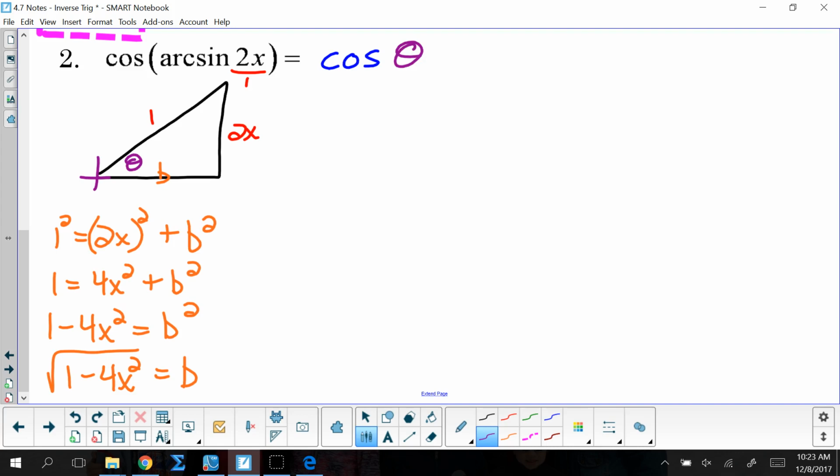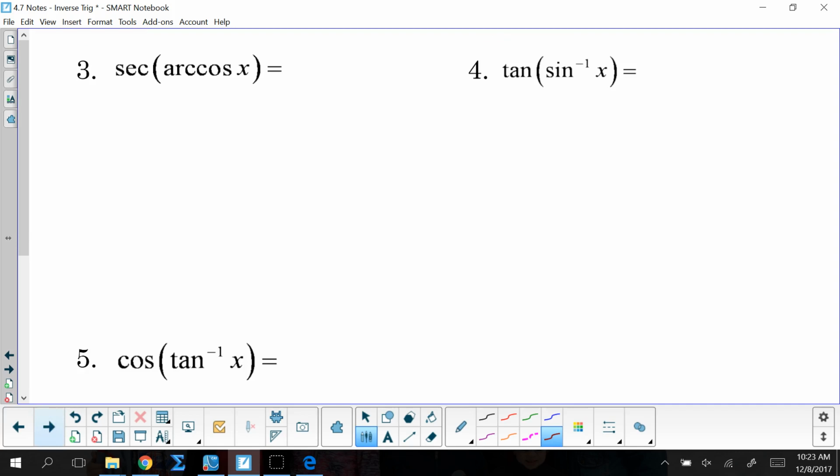The cosine of theta is going to be the adjacent side, the square root of 1 minus 4x squared, all over the hypotenuse, but the hypotenuse is 1, so we're good to go there. Okay? Try those three.